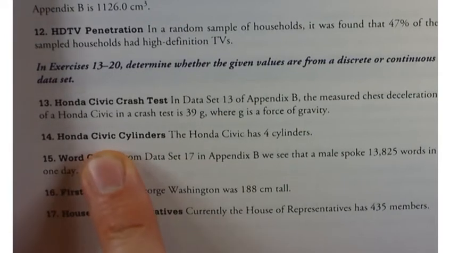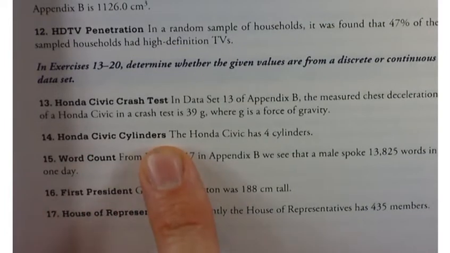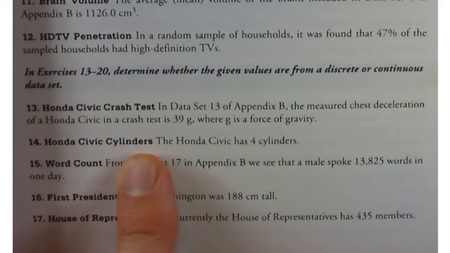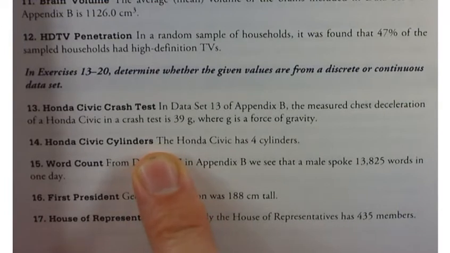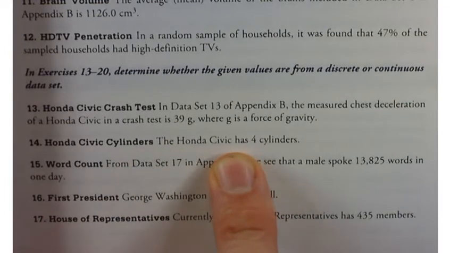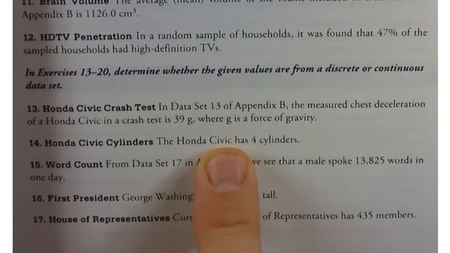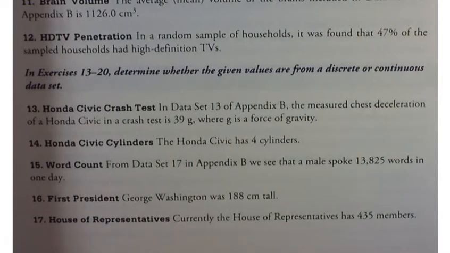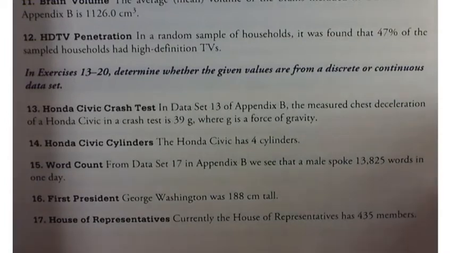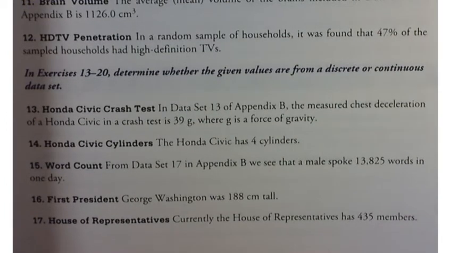Problem number 14, I think I would have worded this a little bit differently. All they say is that the Honda Civic has 4 cylinders. To me the item in question here is the number of cylinders that a car has. What kind of data would that be? Yeah, discrete. You can have 1, 2, 3, or 4, etc., but you can't have numbers in between.